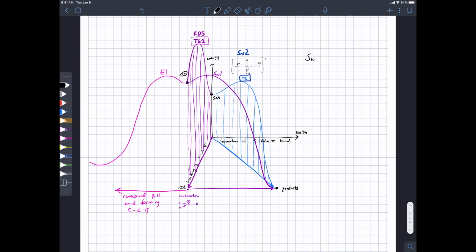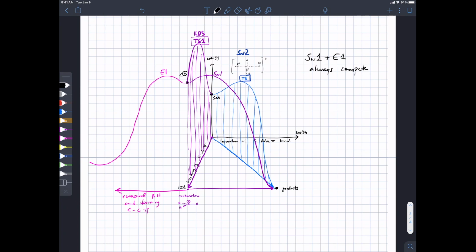In general, and this is the thing that your text waits until the end of chapter 8 to say: this is all making sense, but not so fast. SN1 and E1 always compete. Now, there are some texts in some classes where they try to make a distinction, and there are some practical situations where you probably can control whether you get mostly substitution versus elimination products from the carbocation.